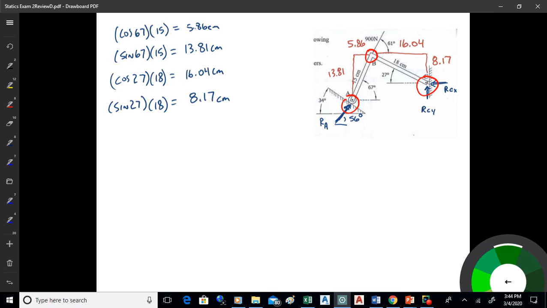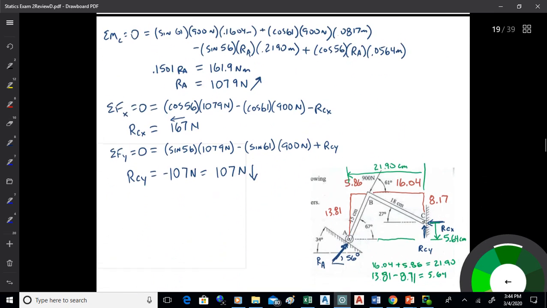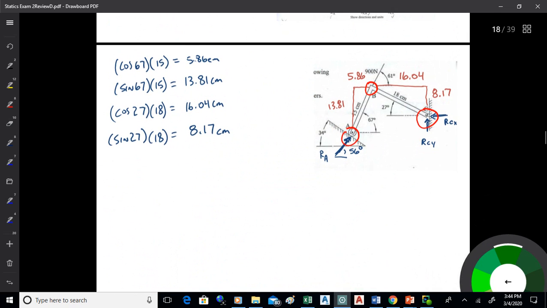Once you break up those armatures into X and Y dimensions, you're pretty well set up to find what you want out of this, which will be the distances from A to where each of the forces are applied. You want the X and Y distances because that makes it easier to do the moments.